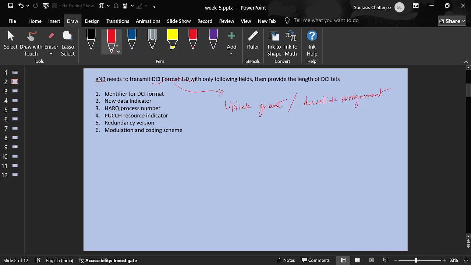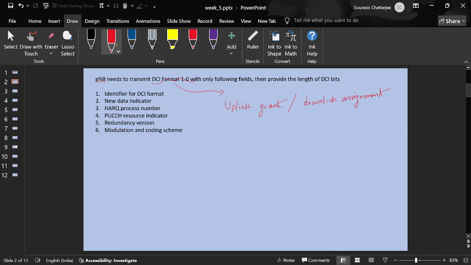When I talk about DCI format 10, downlink assignment. And if it had been for uplink grant, which one should we use? 01. Fine.